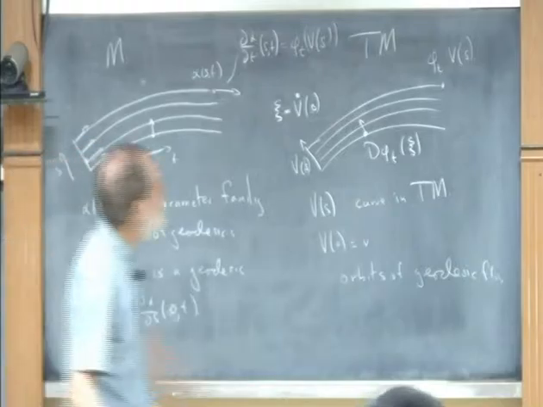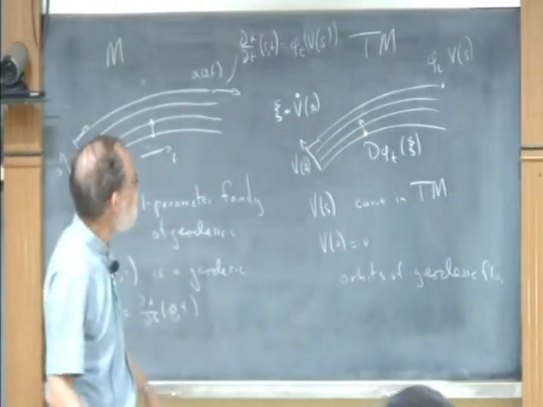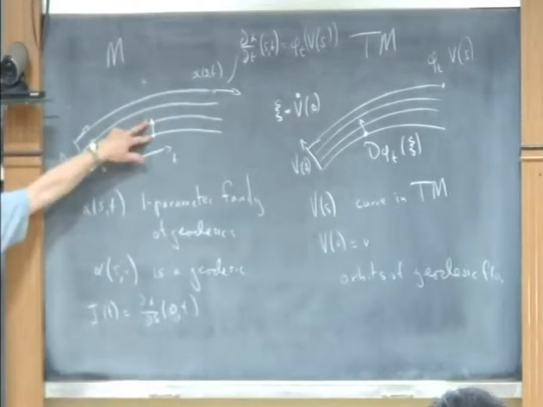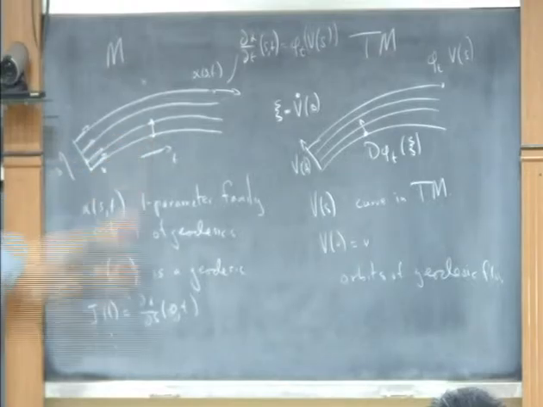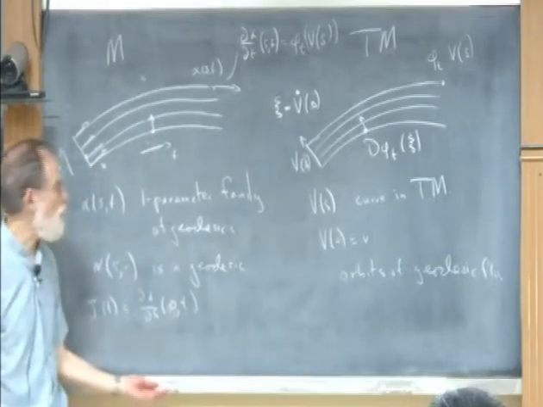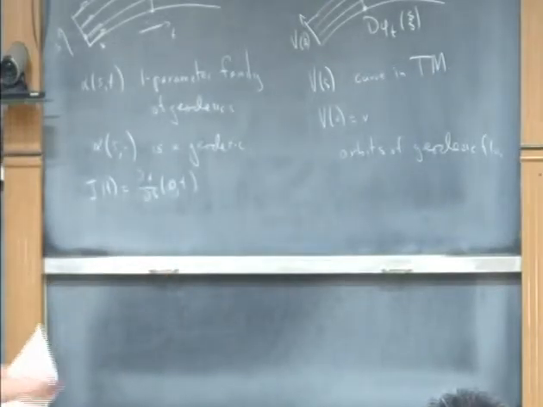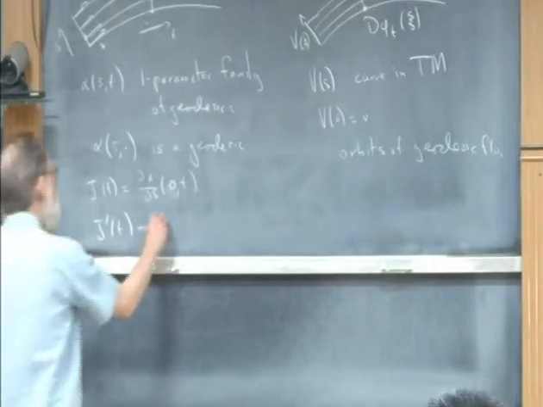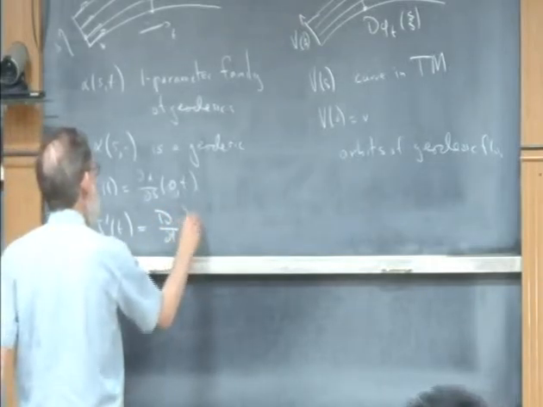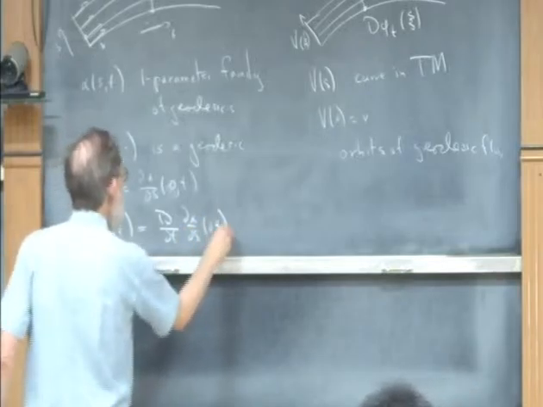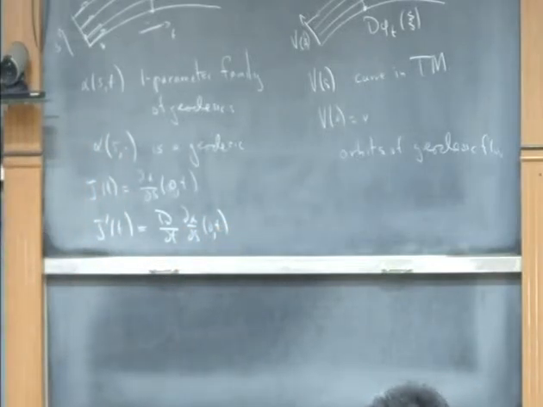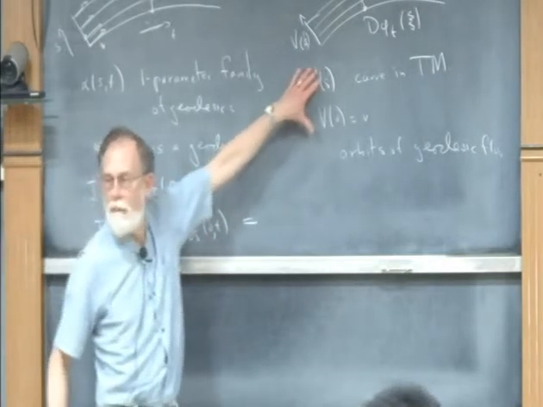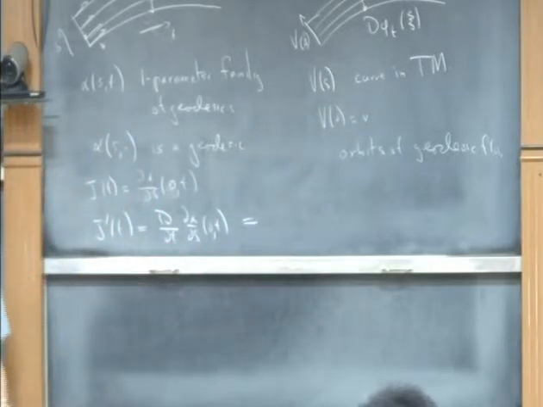And this corresponds to that, except that you only see half of the information in the left-hand picture. As well as J, you need to look at the derivative of J, which is the derivative with respect to t of d alpha by ds at 0, t. And to match it up with what you see over here, you need to reverse the order of differentiation.